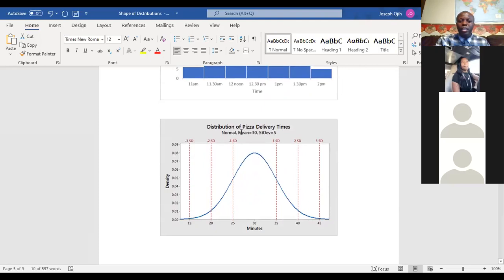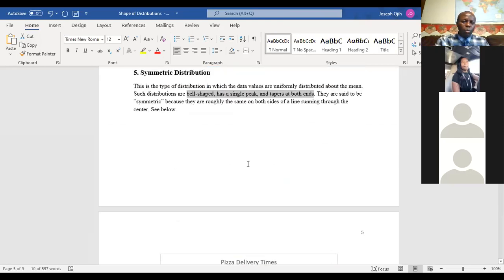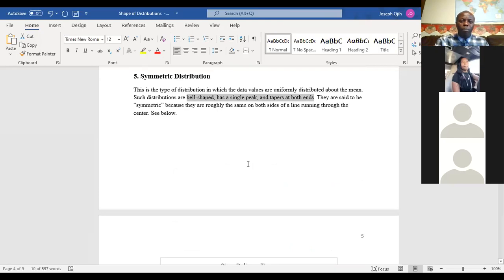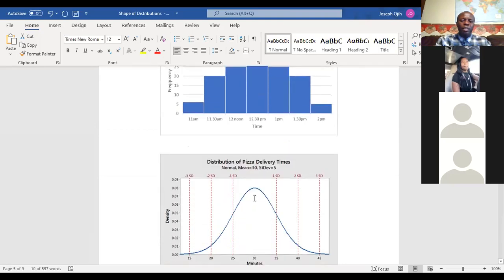So you say that this is normal or symmetric. Normal and symmetric, basically, that's what it is, normal distribution. It's a peak at the center, but it tapers at both ends.